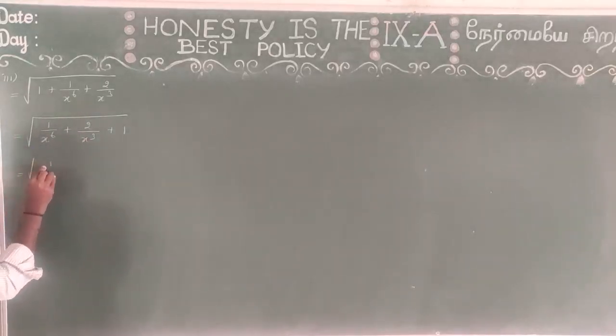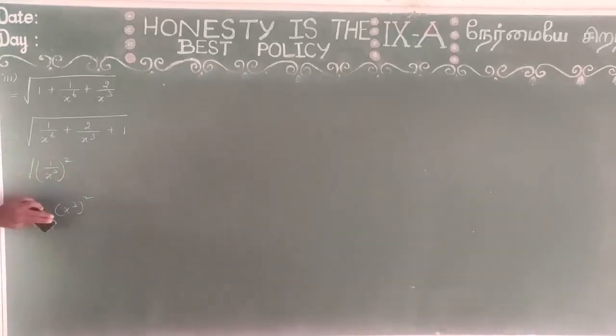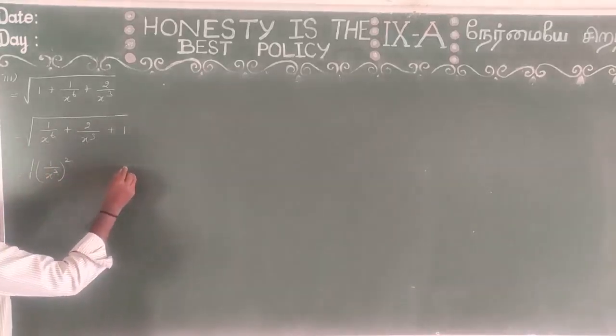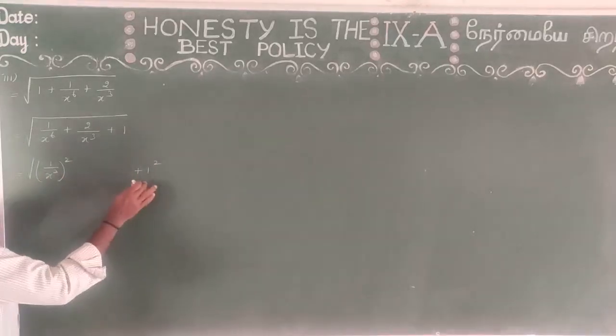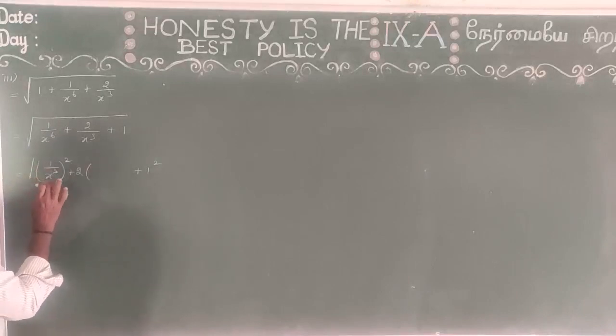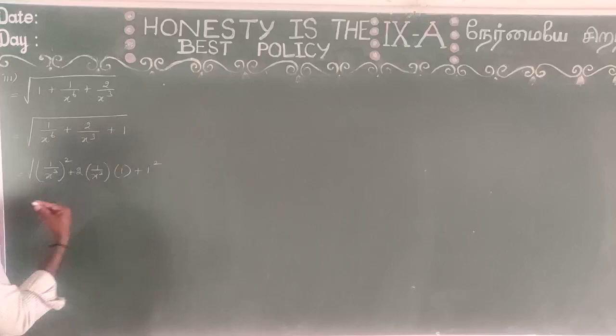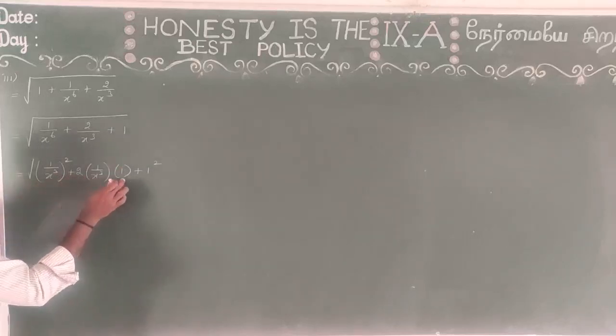Then root of 1 by x cube the whole square, that is 1 square 1, x cube to the power 6, x cube whole to the power 2, that is x to the power 6. a square plus b square, that is 1 square 1, plus 2ab, 2 into a, 1 by x cube into b, a square plus 2ab plus b square.